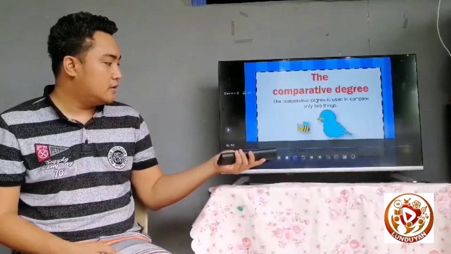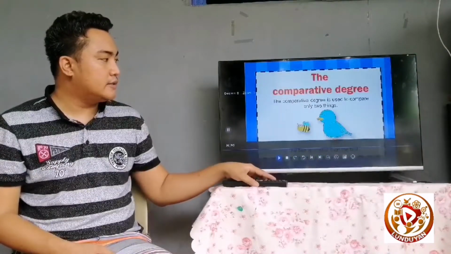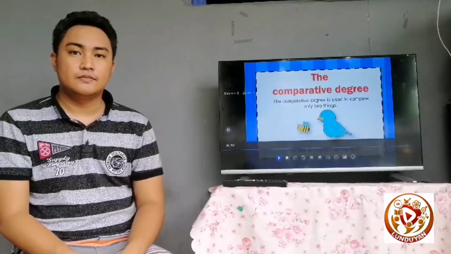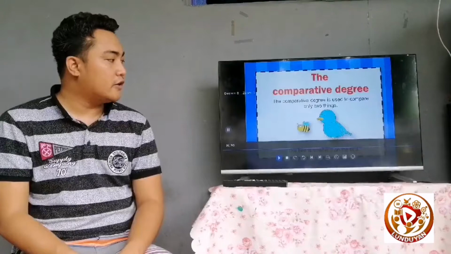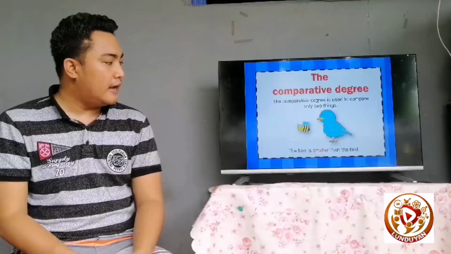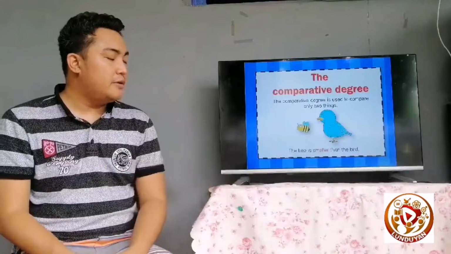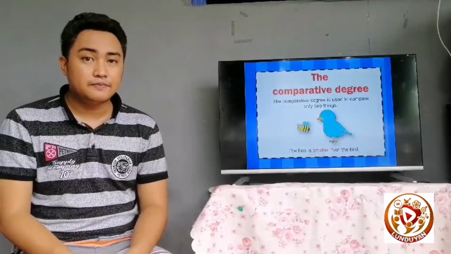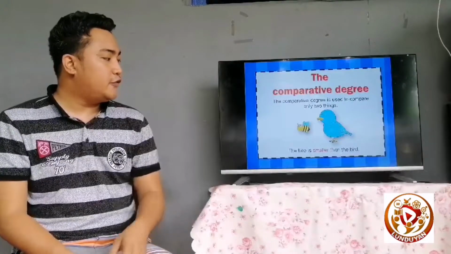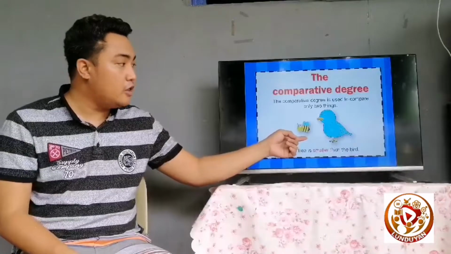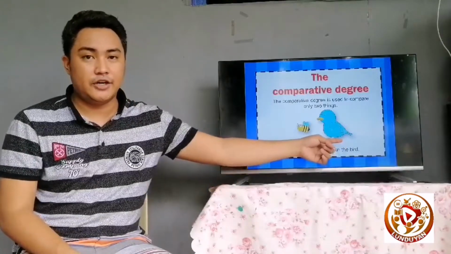Look, what are the two things that are being compared in the picture? All right, we have the bee and we have the bird. Now, look at the sentence. The bee is smaller than the bird. The bee is definitely smaller than the bird in the picture.